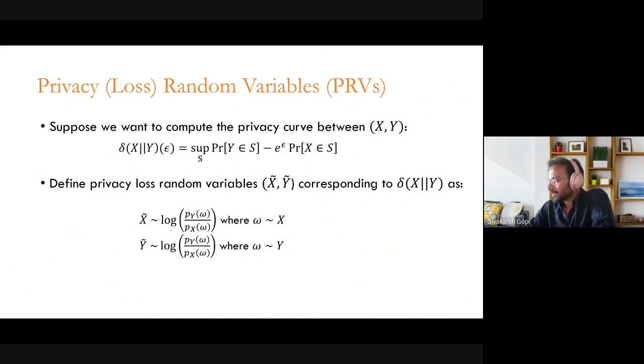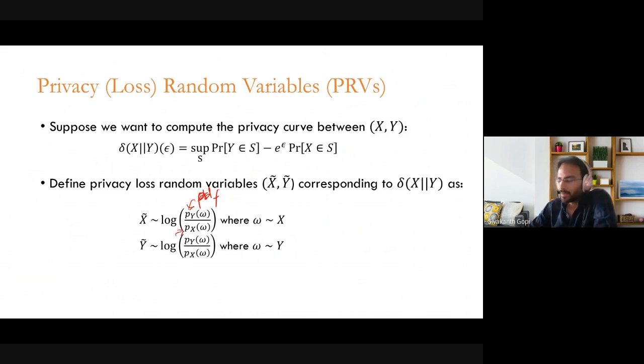So x tilde is just the log of the ratio of the probability distribution of y divided by the probability distribution of x. These are the densities, the PDFs. You take the log of the ratio of the densities at omega, but you sample omega from x, and in the other case you sample omega from y.